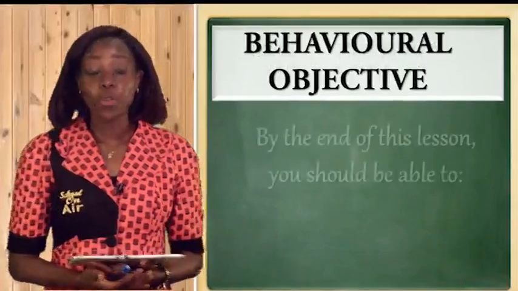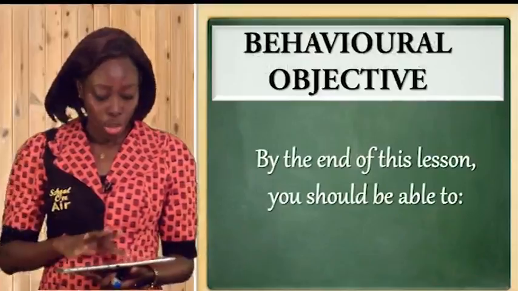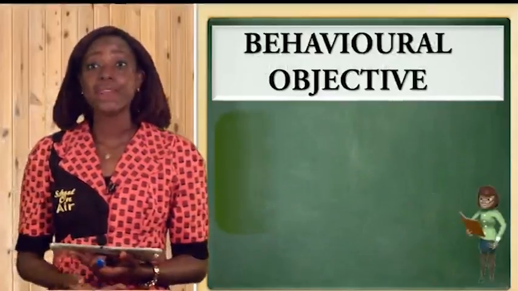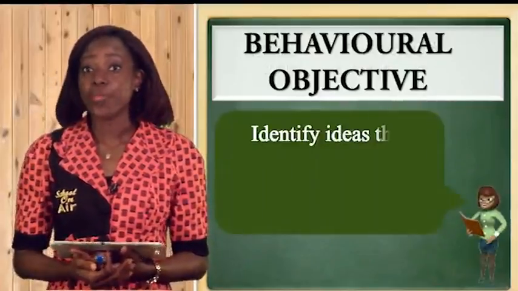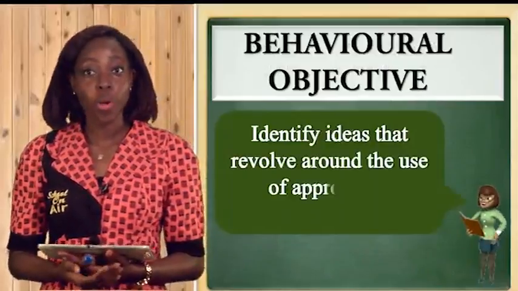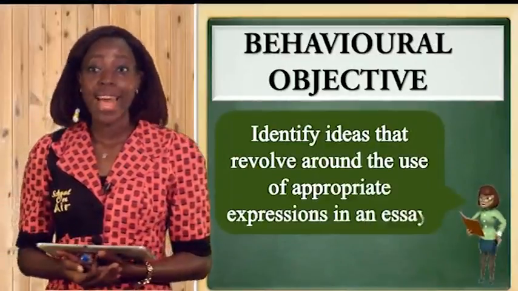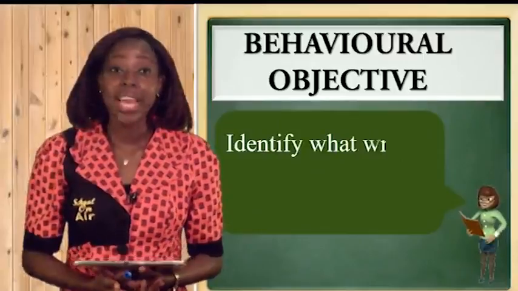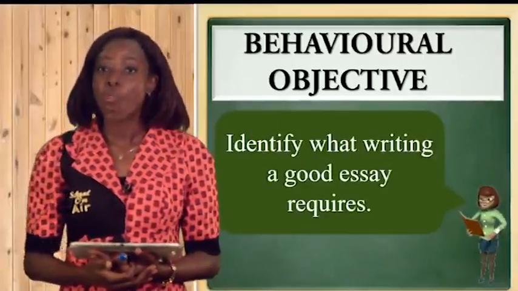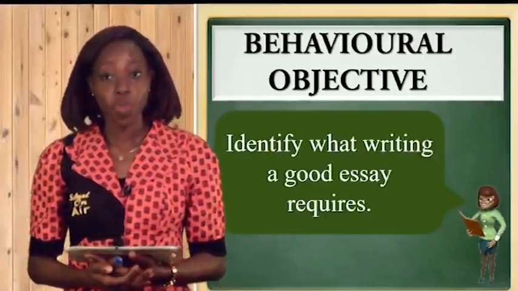Now, by the end of today's lesson, you should be able to identify ideas that revolve around the use of appropriate expressions in an essay, and you should also be able to identify what writing a good essay requires.